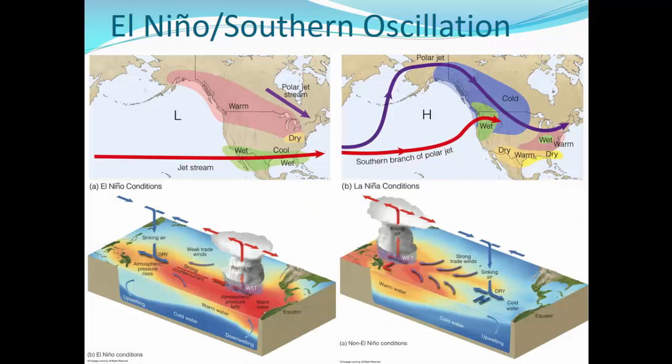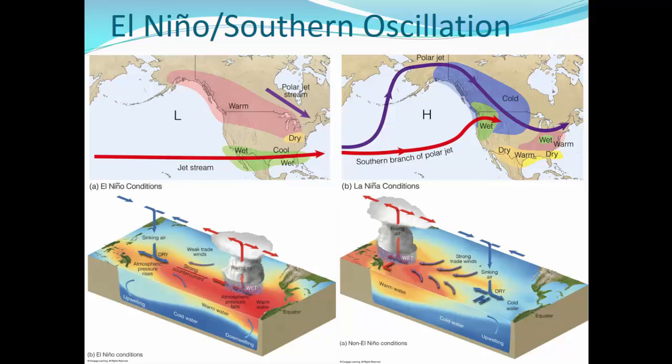So again, on the bottom we have our El Niño conditions on the left and our non-El Niño, maybe even La Niña conditions to the right. You have your low pressure that has formed basically in non-El Niño conditions over Indonesia. This is going to be on the right at the equatorial Pacific, and high pressure just off the coast of Ecuador.